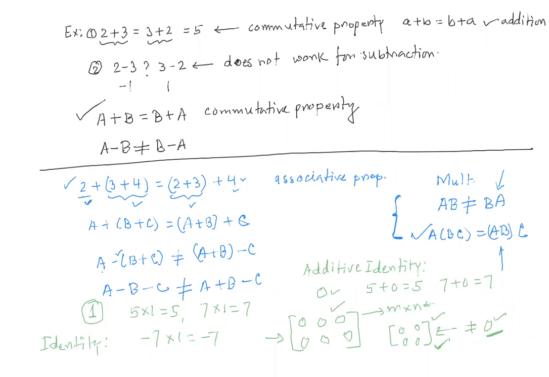So if you have 1, 0, 0, 0, 1, 0, 0, 0, 1, this is the multiplicative identity for all 3 by 3 matrices. If you take any 3 by 3 matrix and multiply it by this identity matrix, it's going to be the same matrix. It's not going to change anything. So this is the multiplicative identity for n by n matrices, and this is the additive identity.